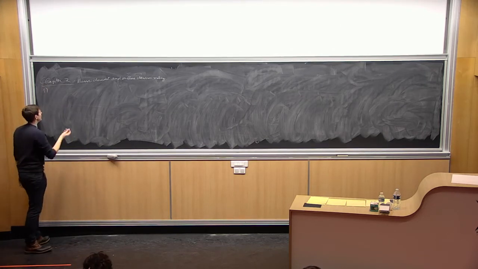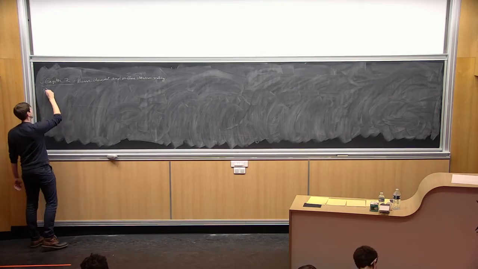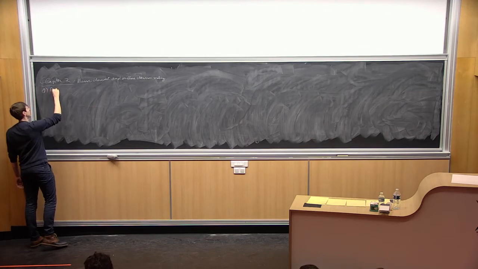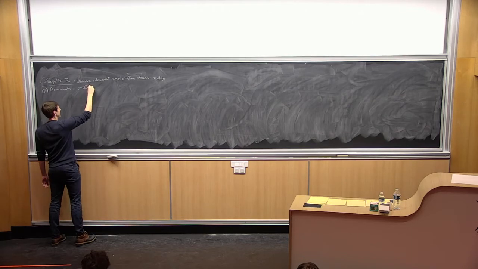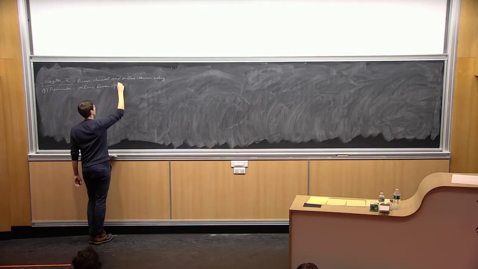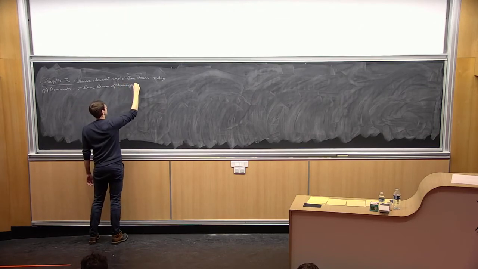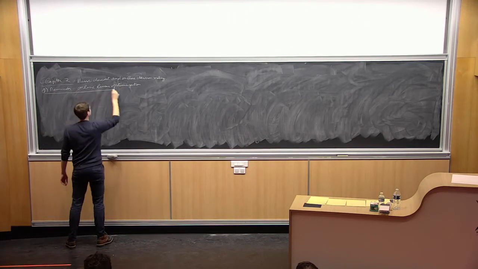So first, let me remind you of the frameworks that we're working in, so let's say step 0, reminder. We're going to talk about online linear optimization. This morning we talked about Bandit linear optimization at the end, but now we're going to focus on online linear optimization.